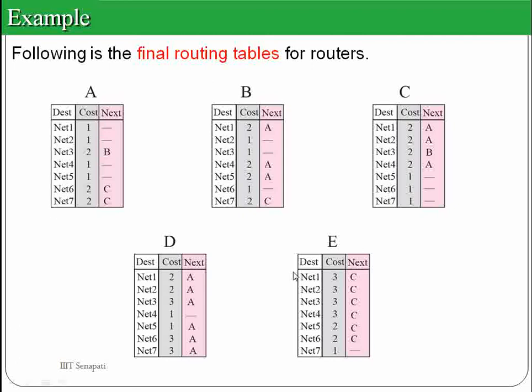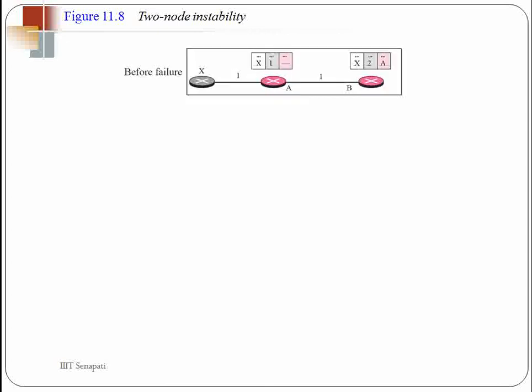So this was your distance vector routing algorithm. Now we are going towards the count to infinity problem. You can see this is a network where two routers are there, A and B, and another router X. We are assuming that X is going to fail; in the next step it will fail.